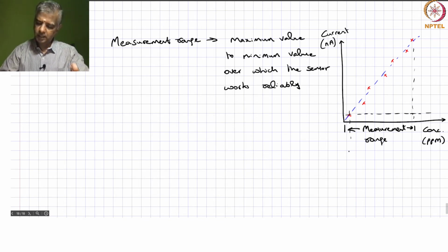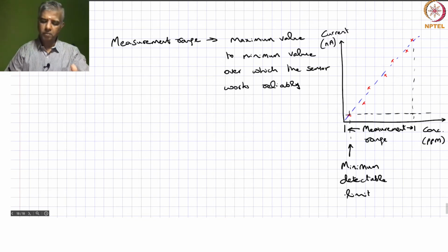So you would say that if that's the case, then this actually corresponds to what is called the minimum detectable limit, right?